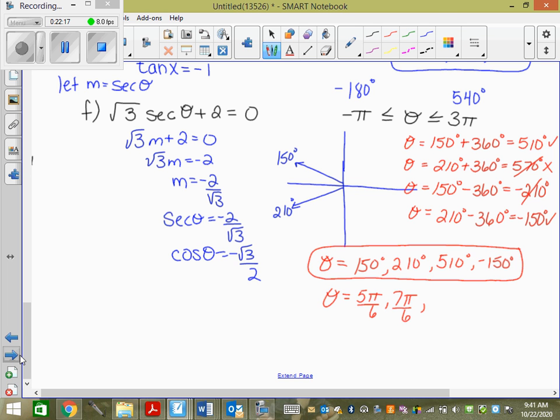What's 510? What is it reduced to? Anyone? 510 divided by 180, how did you get it? And negative 5 pi over 6.